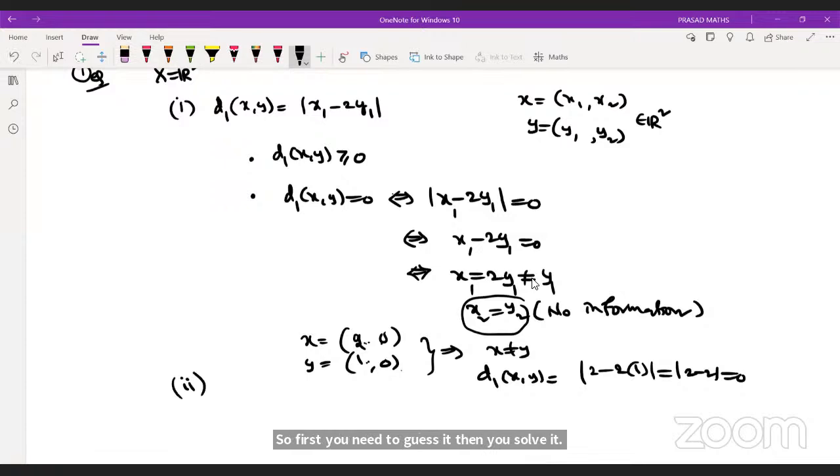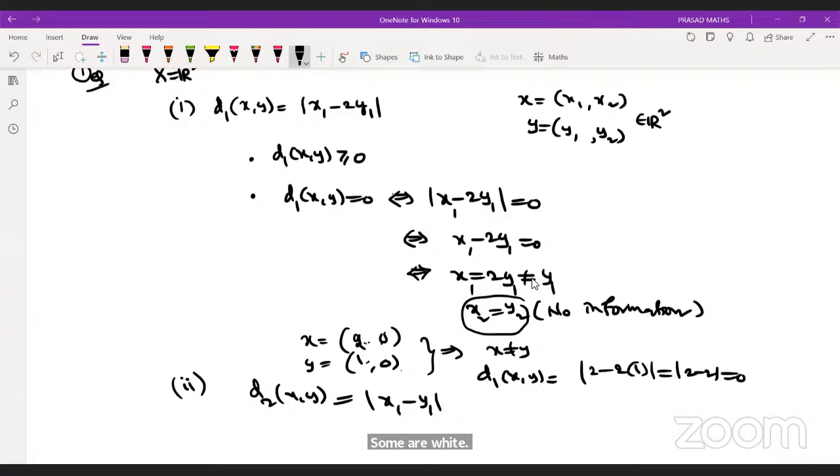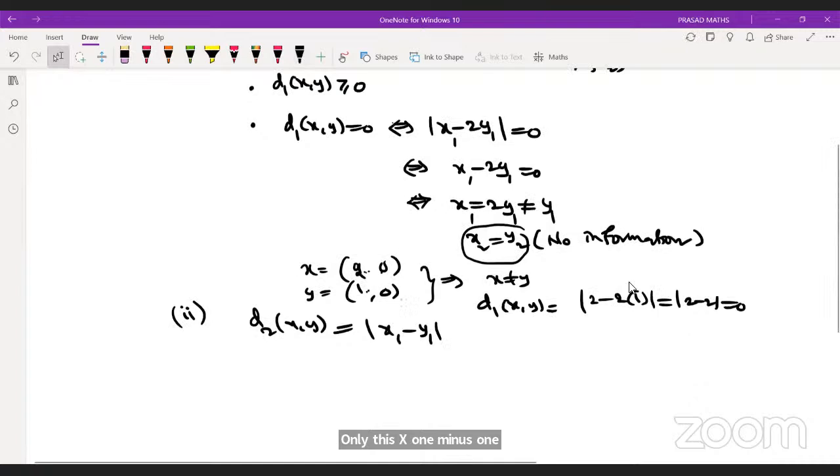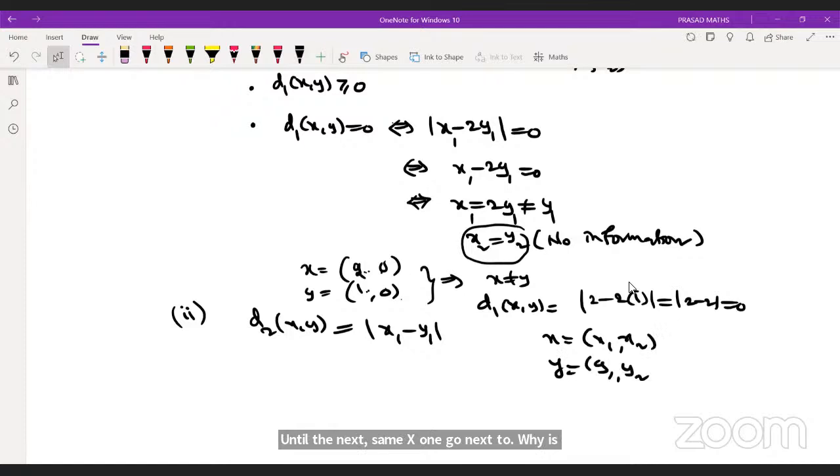Suppose you can take this idea, d2 of x comma y is equal to only this, x1 minus y1. Is it a metric? What is my x? X is x1 comma x2, y is equal to y1 comma y2.